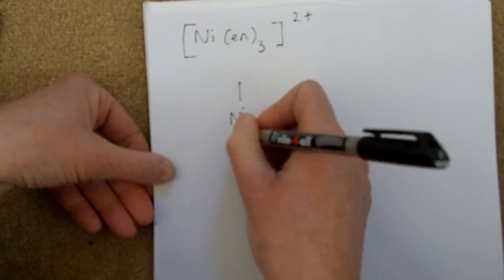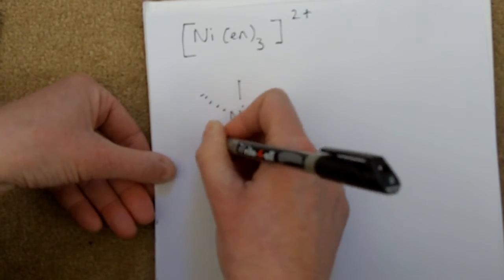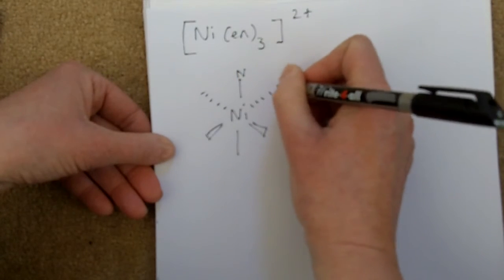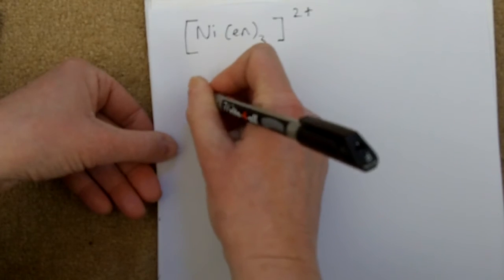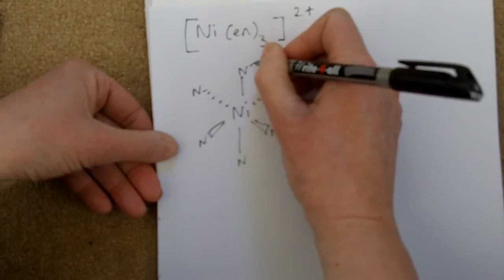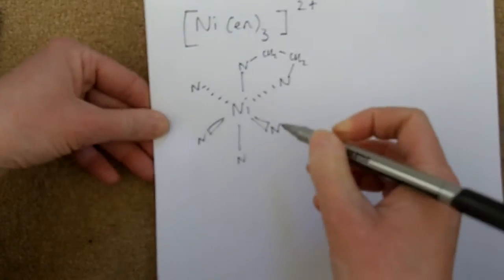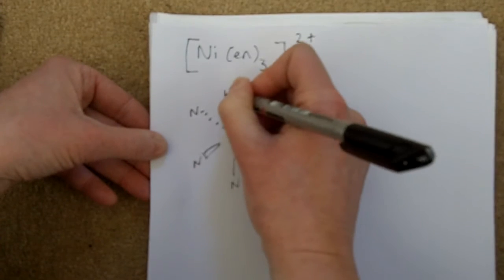So if you get the shape, octahedral, okay? So a nitrogen and a nitrogen. There's a nitrogen at the end of each one. Now that's got CH2, CH2 like that, because it's wrapped around the ethane diamine, and then you need the H2 and H2.